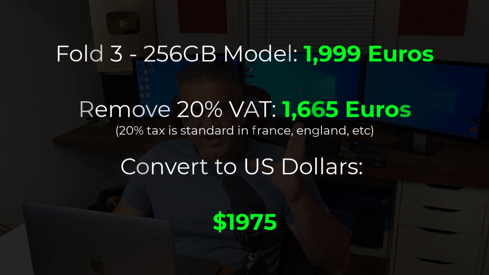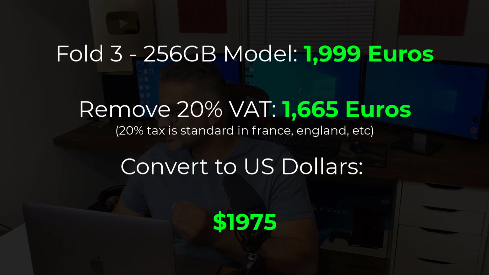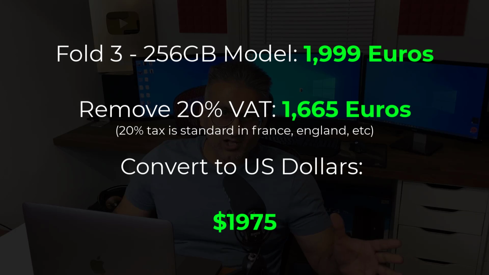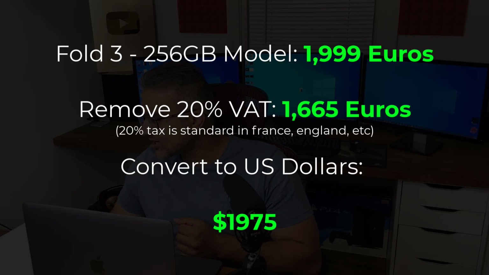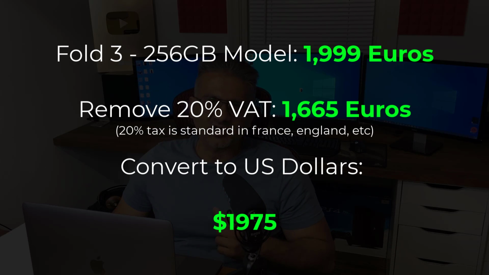Now it could be less than that, but that's what we're getting with removing the tax and doing a proper conversion. Now let's look at the Fold 3 which is 512 gigabyte. It's 2,000 euros. We take off 20% tax out of that, and what we now have is 1,665 euros. When you convert that to US dollars, what you are getting is $1,975.